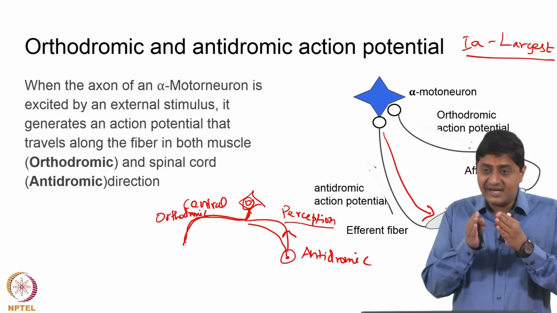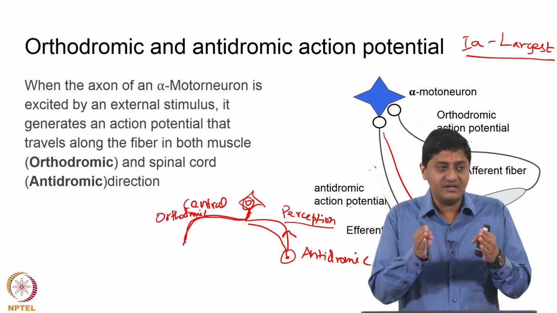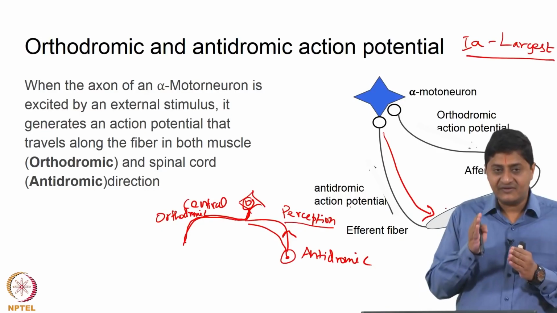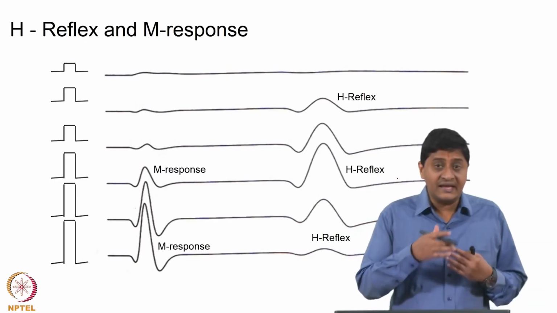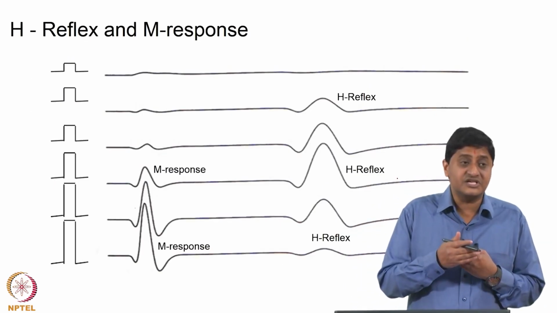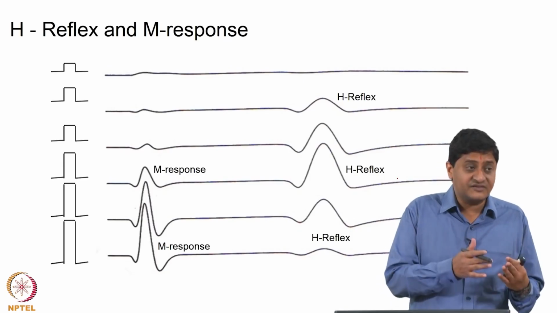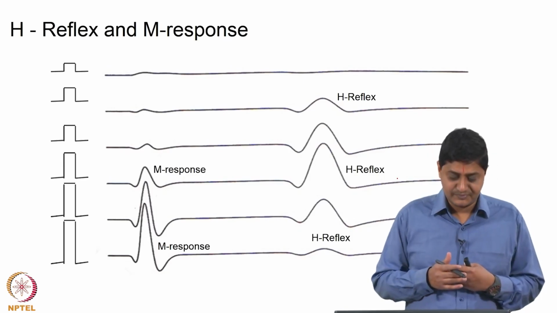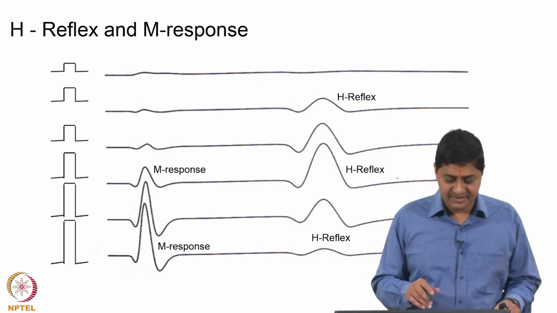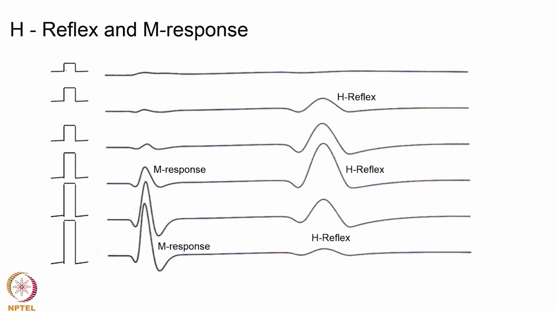In that case, I will get a delay between when the stimulus was applied and when the response arrived. I can then start studying the relationship between the characteristic of the stimulus and the characteristic of the response. Why is this important? I will say soon, before the end of the class. Suppose a small stimulus of some strength is applied, no response, nothing happens.